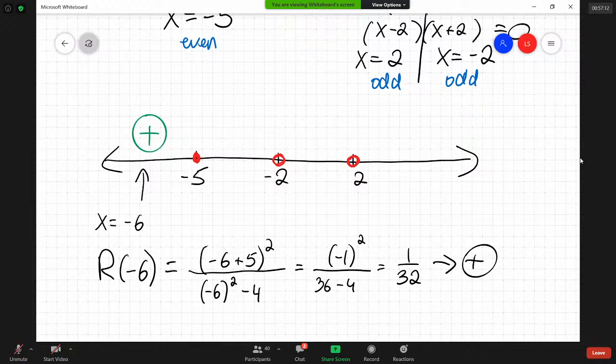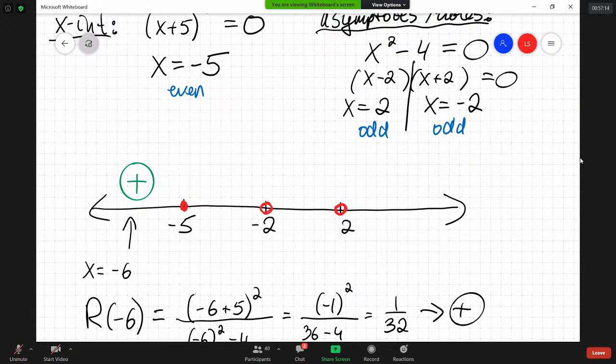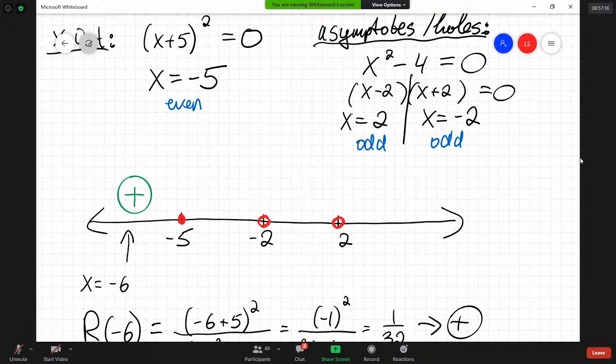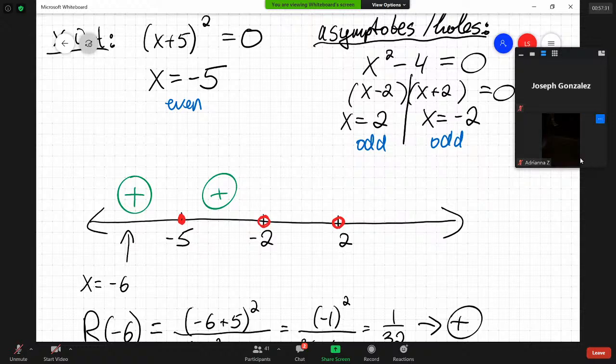Now we start using multiplicities. Here we have our multiplicities listed. -5, even multiplicity. Do I switch or do I stay? Stay. Even multiplicity stays positive. -2 is odd multiplicity.